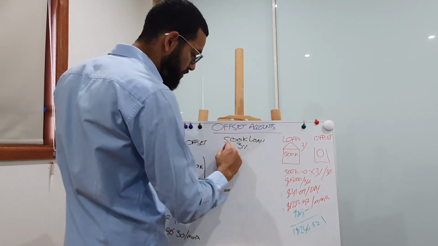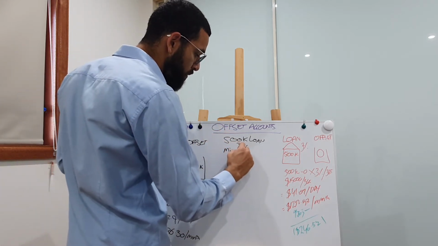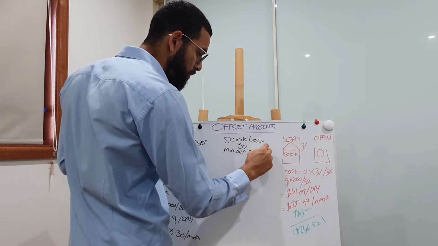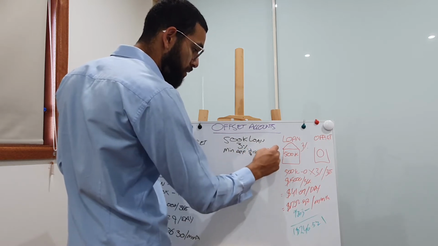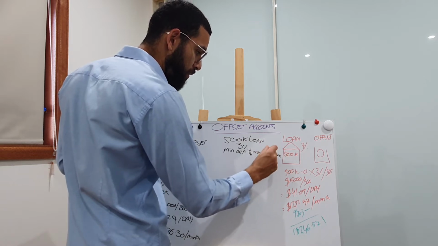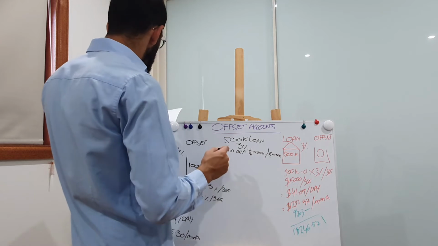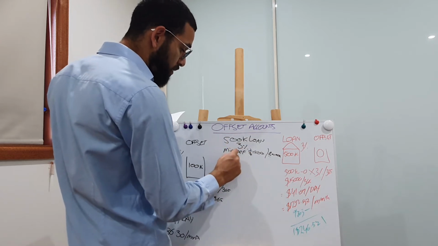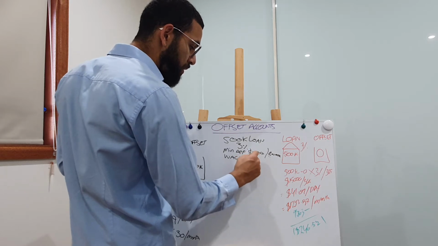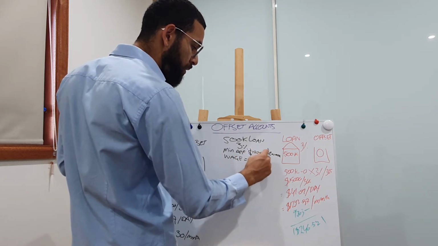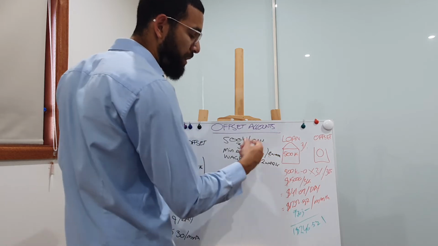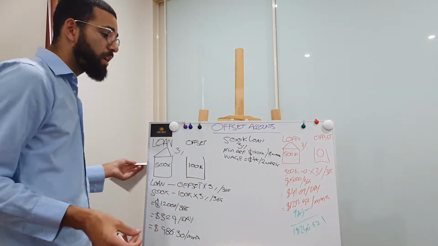The minimum repayments are $1,200 a fortnight. Let's say your fortnightly wage, including all income, is $4,000 a fortnight. That includes your job salary plus your rent and any dividends, anything that's coming in.